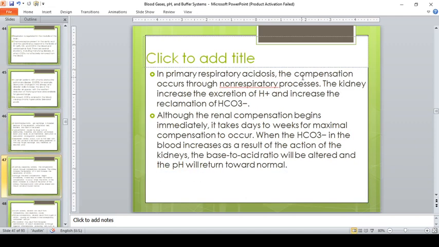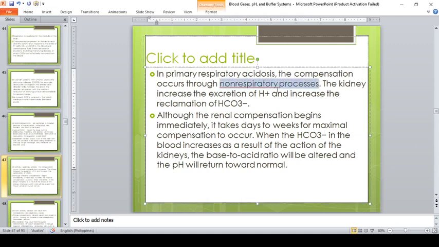In primary respiratory acidosis, the compensation occurs through a non-respiratory process. That is through the kidney. The kidney increases the excretion of hydrogen ion and increases the reclamation or retention of bicarbonate. Bakit kailangan niyang i-excrete ang hydrogen ion? Kasi diba, this is an acid.